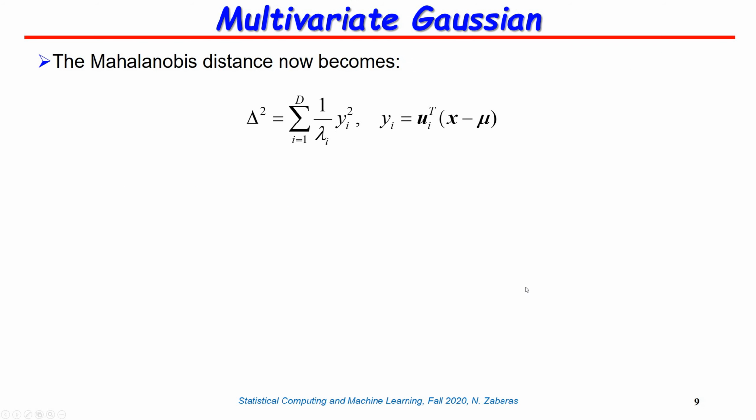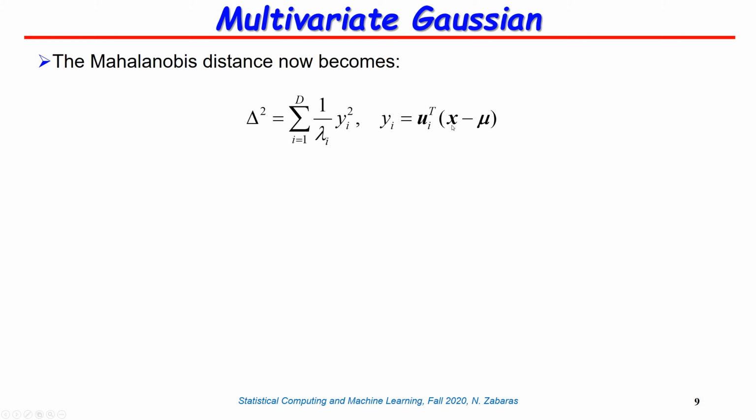All right, so let me introduce a new coordinate system. You remember we started with the vector x with coordinates x1 and x2. Now I am going to define a new coordinate system y1 and y2. And how do I define them? So yi is ui transpose times x minus mu.